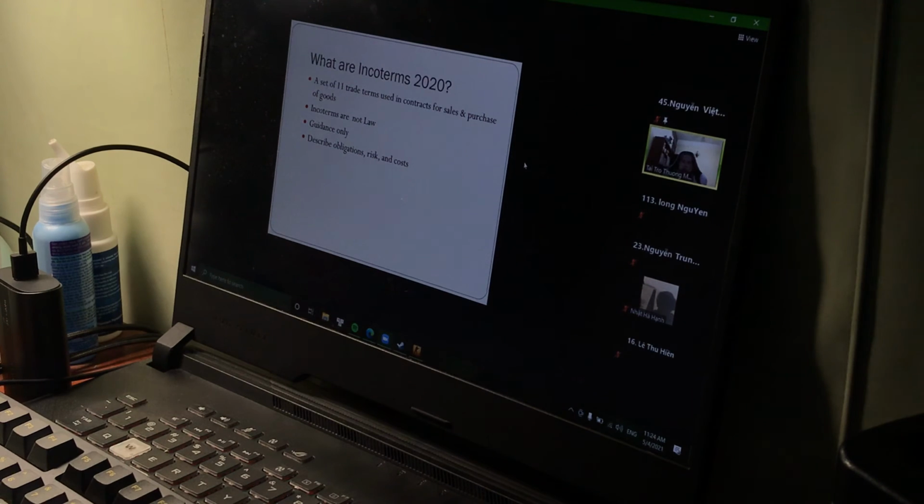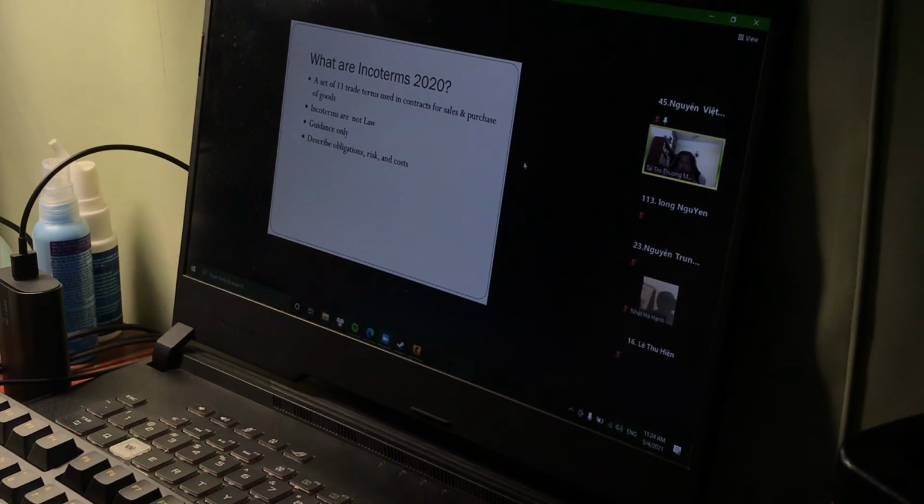If you use Incoterms, you have to state it in the contract. For example, by the sentence that the contract is subject to Incoterms 2020 or Incoterms 2010 or Incoterms 2000, any version of Incoterms.